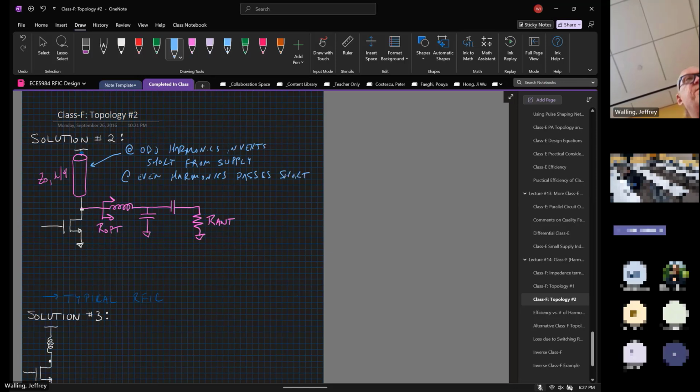At even harmonics, it passes the short. We go all the way around the Smith chart back to the same point. So that's good. Is this any better?